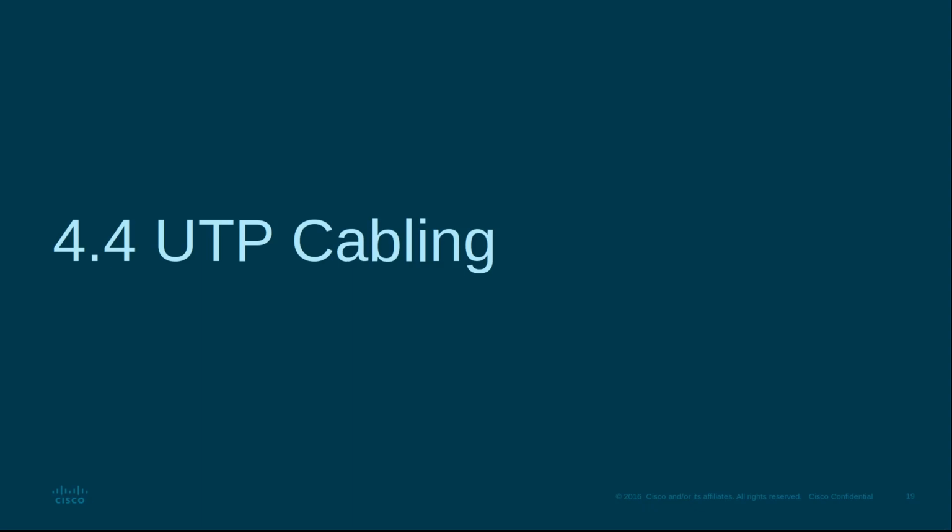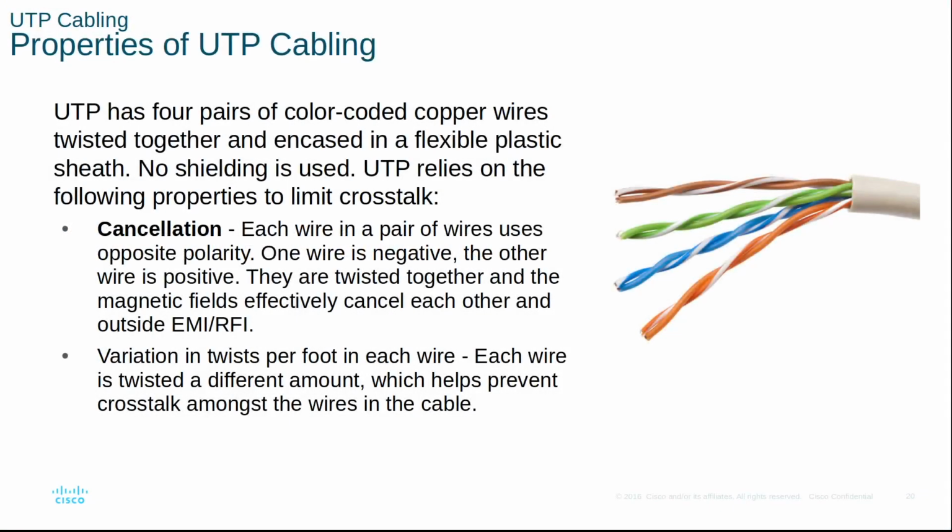So unshielded twisted pair. 4 pairs of color-coded wires twisted together. There's no shielding. It relies on cancellation to limit crosstalk, and one other thing that we're going to look at. Each wire in a pair uses the opposite polarity. One's positive, one's negative.